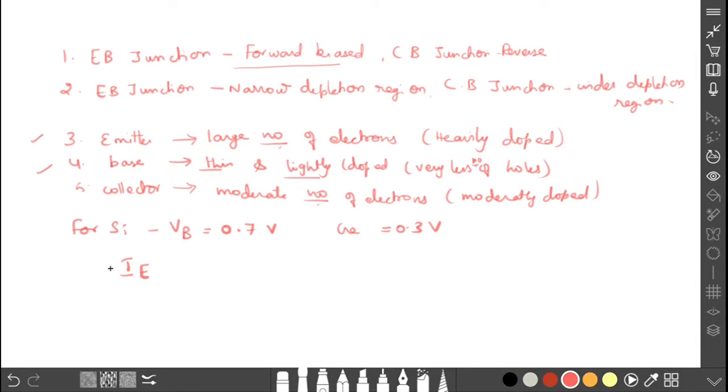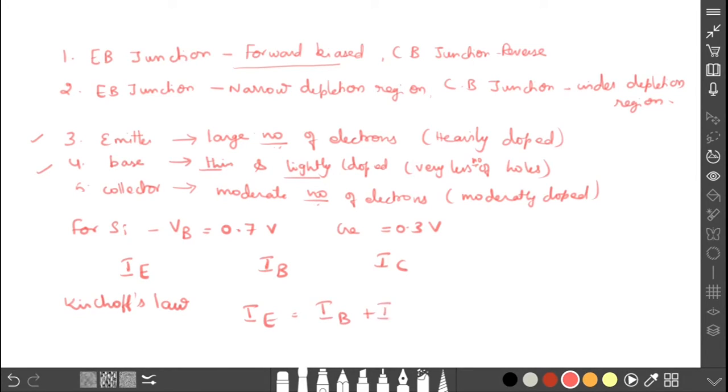So this is for the emitter, this is for the base and this is for the collector. According to Kirchhoff's law, IE should be equal to IB plus IC.